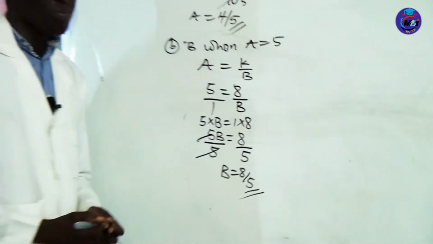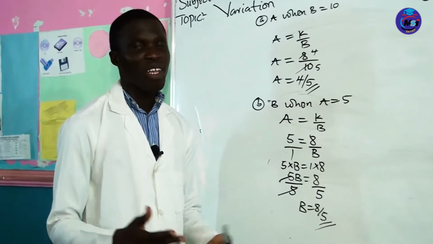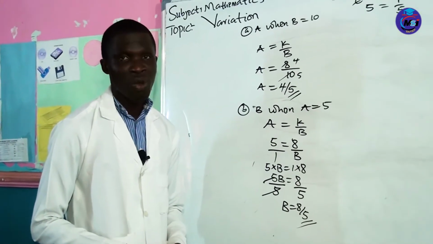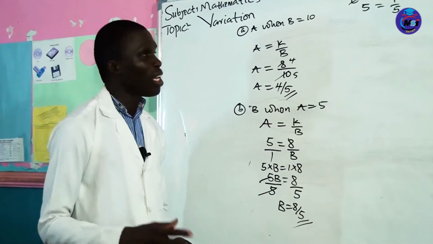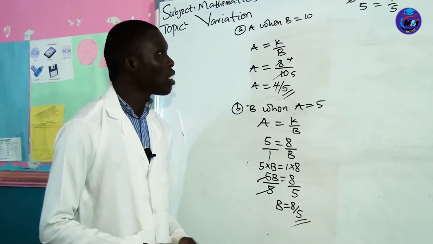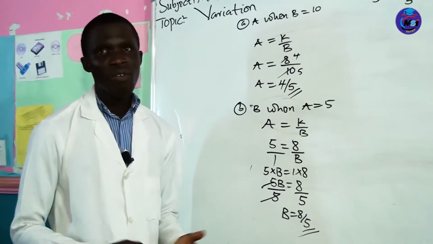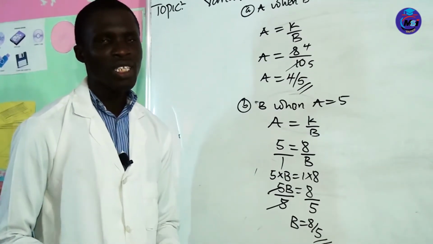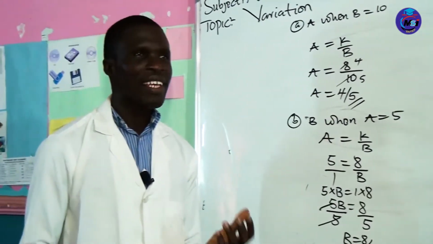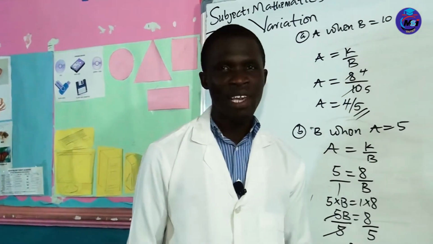I believe you are following this class, and this is very simple if you really follow the way we are doing it together. Okay, let's go to the last part of this class. We are looking at joint variation. Now, what is joint variation? It's just like you join A and B together.